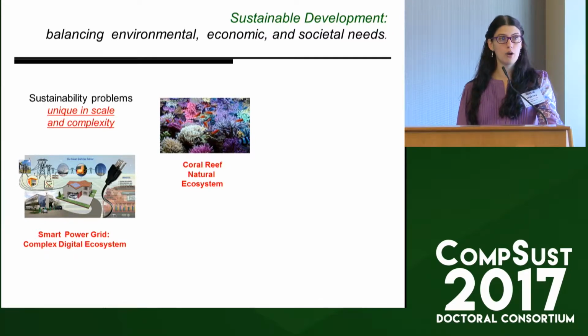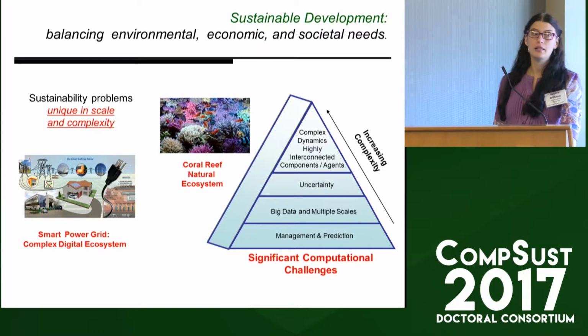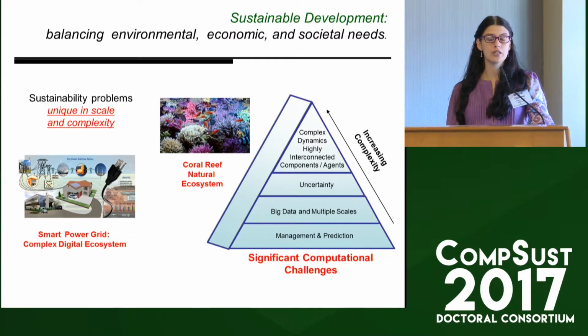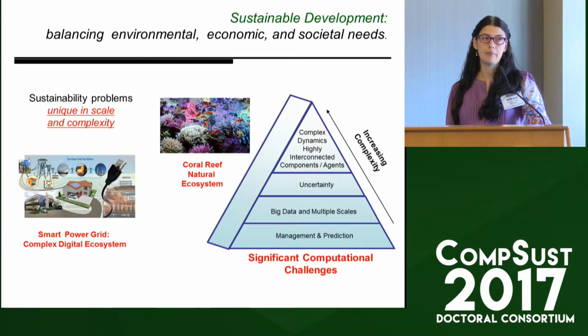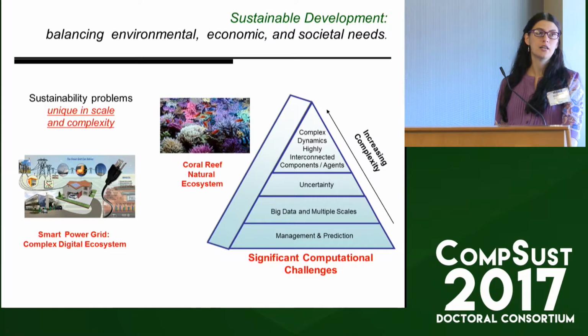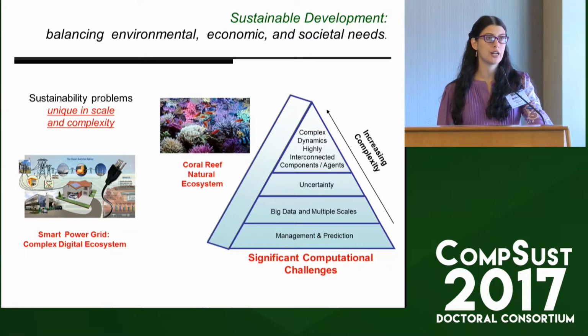So solving such problems, and managing them in order, again, to balance environmental, economic, societal needs involves machine learning tasks such as prediction, big data in multiple scales, uncertainty, as well as complex dynamics and highly interconnected components. So there's an increasing complexity of challenges in order to be able to effectively and efficiently address sustainability challenges, which is one of the most important tasks for the 21st century.